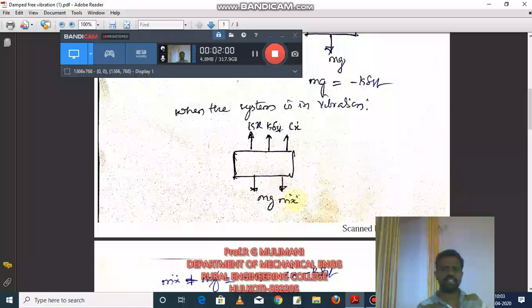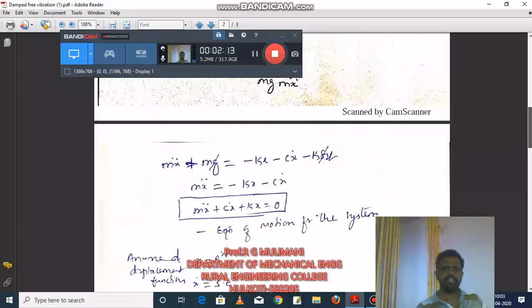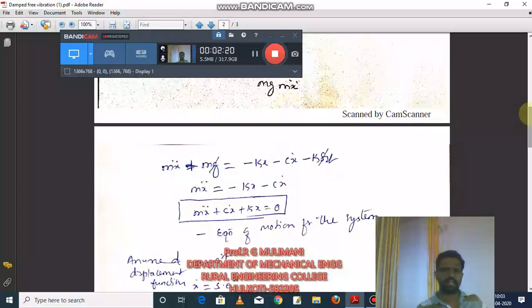And this is the inertia force, and to oppose it there are the spring force and the damping force. Spring force is kx and damping force is c x dot. So summing all the forces, m x double dot plus mg in the downward direction, and to resist these there are the damping force and the spring forces.